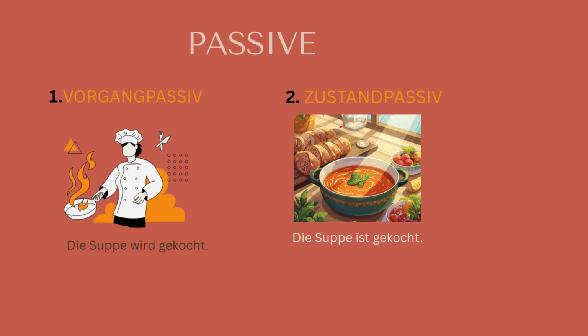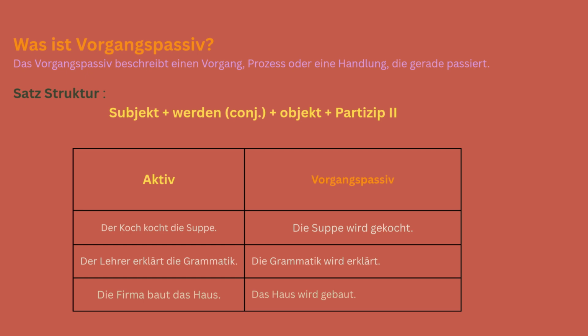Now it seems quite difficult to distinguish these two types of passive. Let me explain it more clearly. So, in this video, I specifically explain what is Vorgangpassiv.